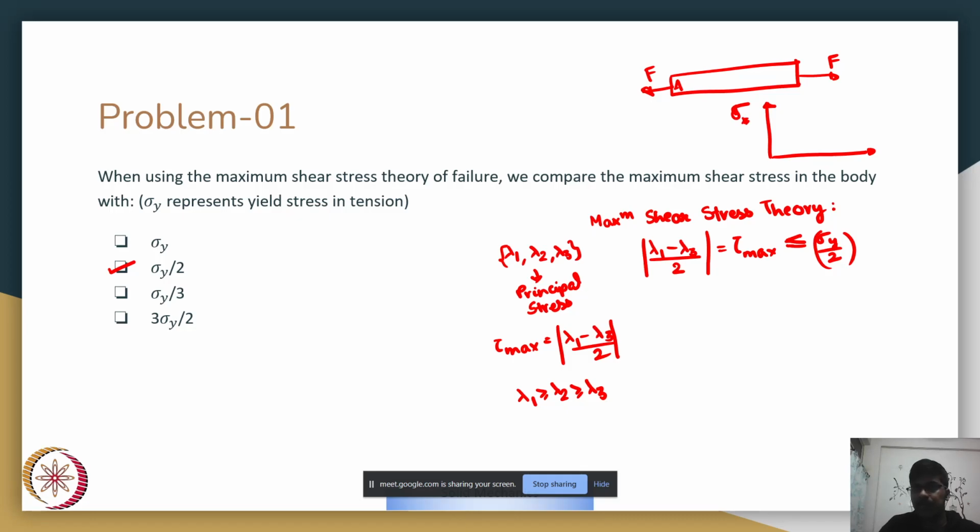So this is under, say, uniaxial tension, which means that the body experiences force only along the length of the body, which I'm drawing to be the x-axis, and it also elongates only along the x-axis.